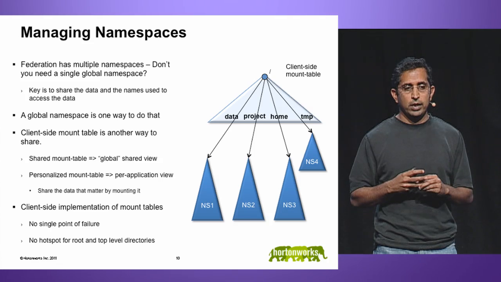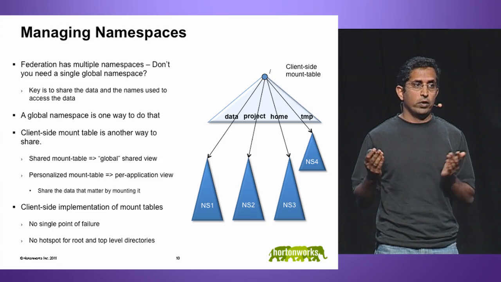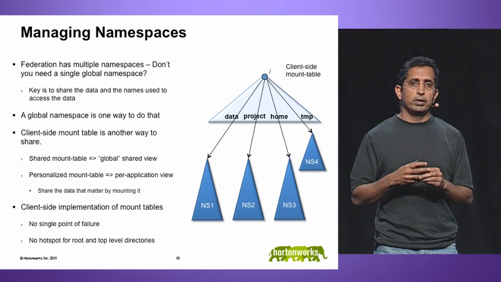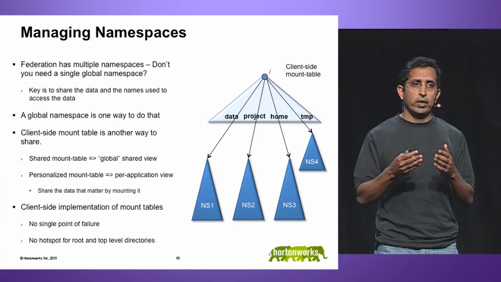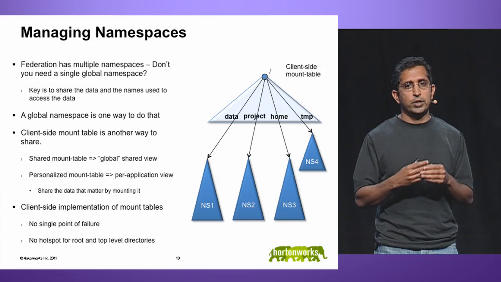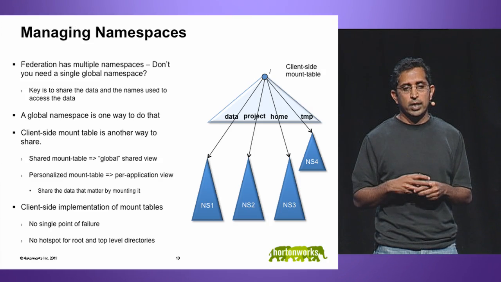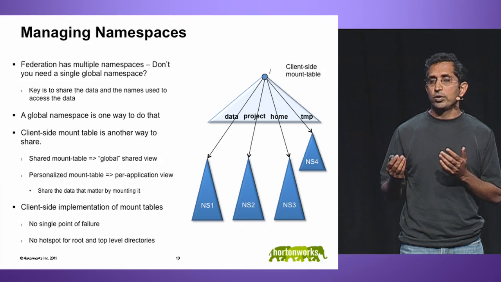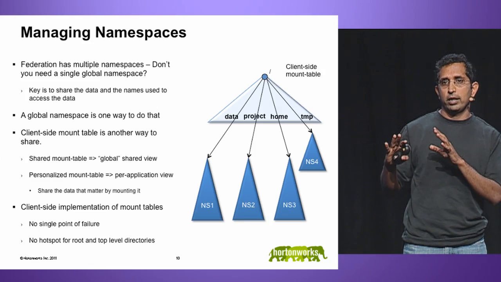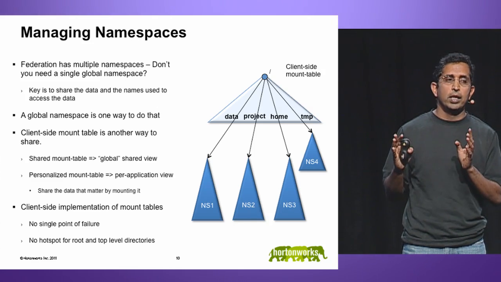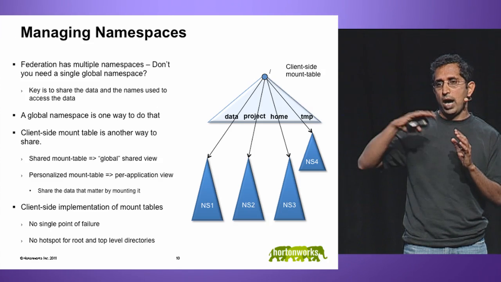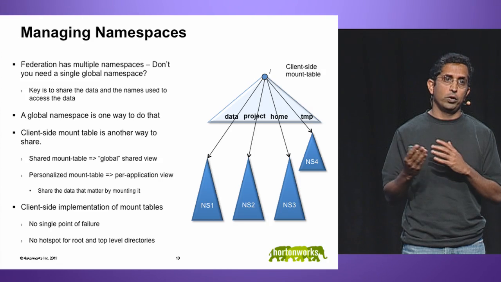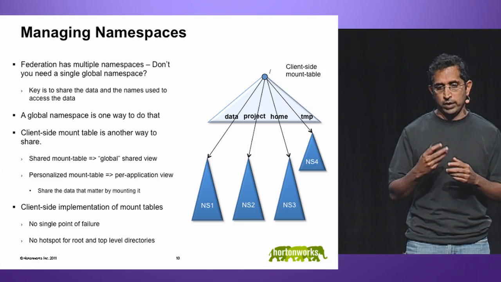So an administrator for a cluster which has multiple namespaces could define a client-side mount table, thus providing a single unified namespace view that is shared across all the applications and users. This also adds flexibility where an application could choose to have its own way of looking at the data and define its own client-side mount tables and map it to how it is stored on the cluster.